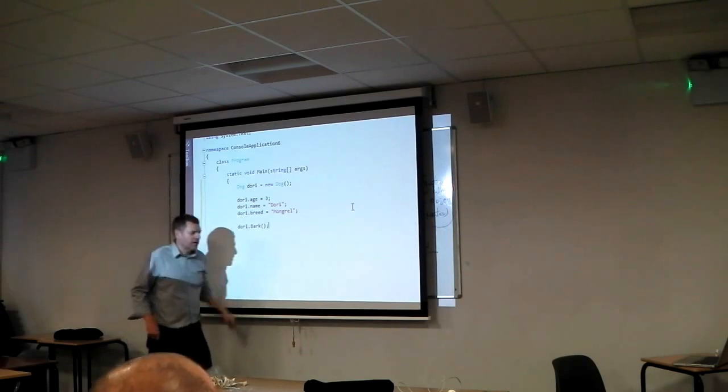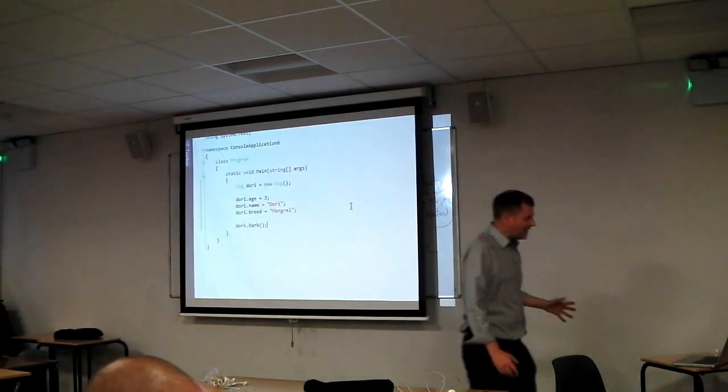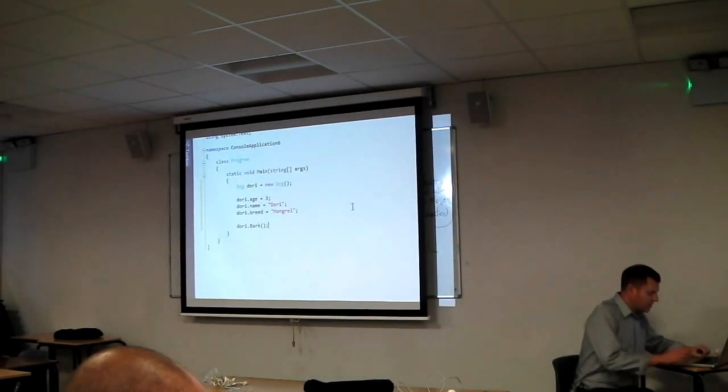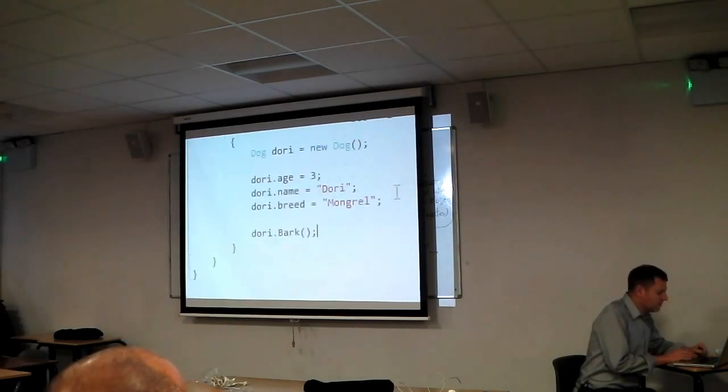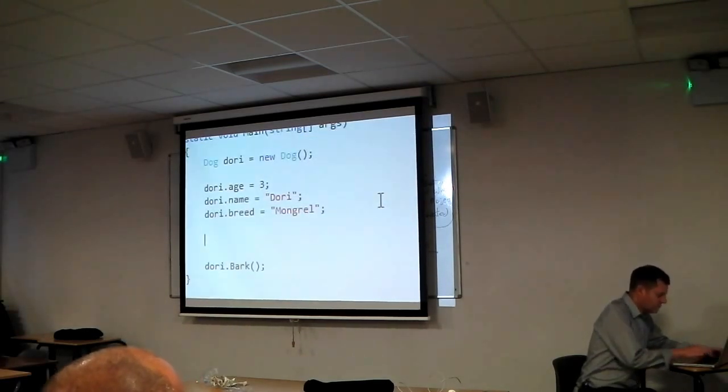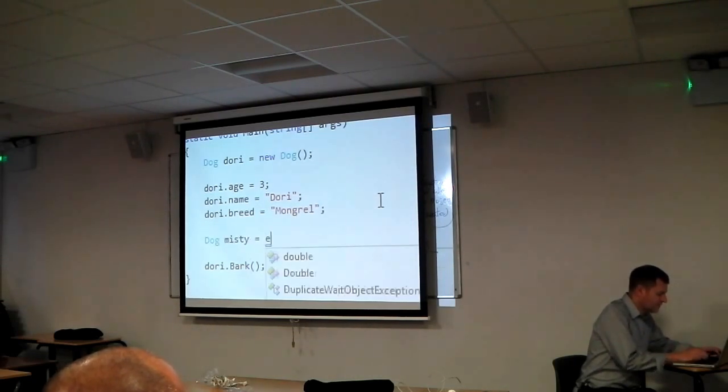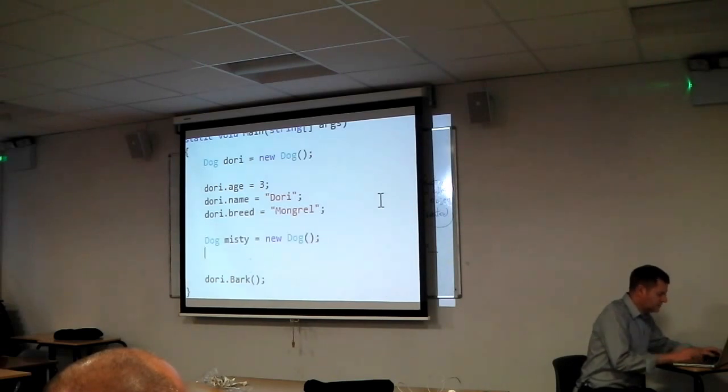Now, I'm going to do something here, and you might get this already, and you might think this is really trivial, but this is really important. Look at this. My dog is called Misty, right? Equals new dog. So you can now go Misty.age. So Misty is 3.